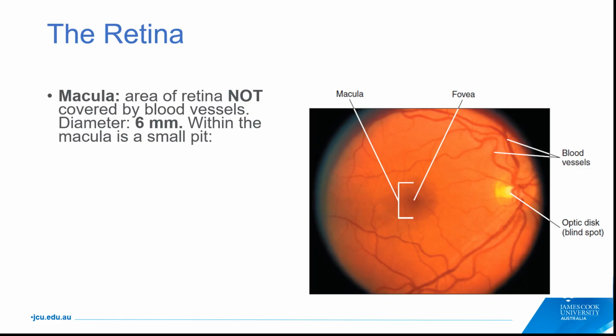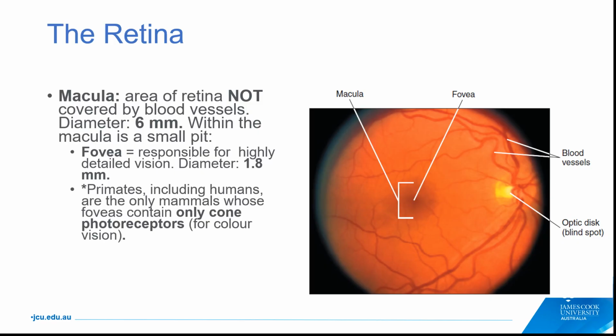Within the macula, we have a small pit, and that is called the fovea. Everybody knows this. The fovea, we need it for highly detailed vision. Its diameter is much smaller, 1.8 mm. This is the interesting part that our author wrote in the textbook. Hopefully you guys read about this. It says that primates, including us, are the only mammals whose foveas contain only cone photoreceptors.